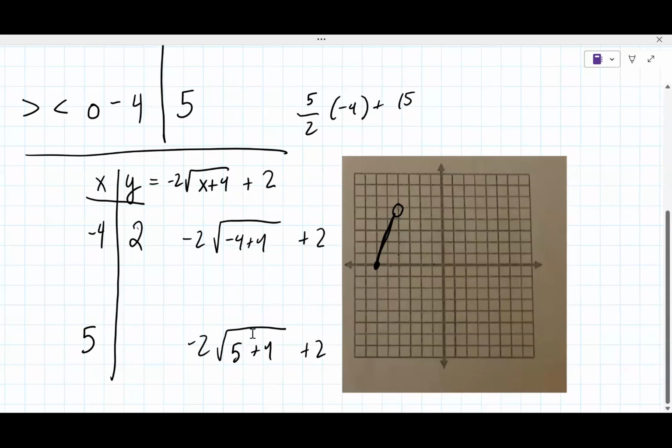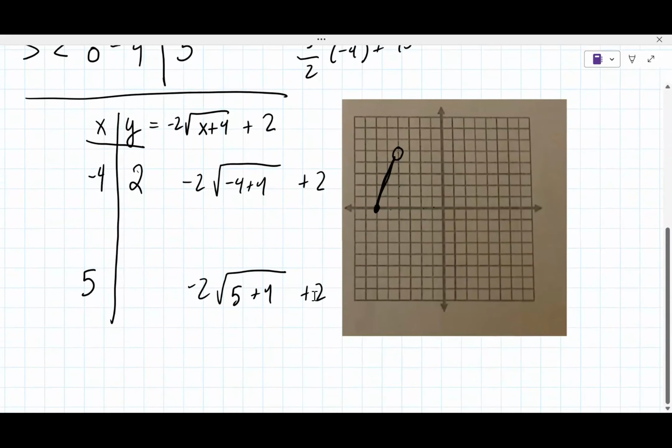What is the square root of 9? 3. Okay, what's -2 times 3? That's going to be -6. Plus 4. Then -6 plus 4, that's going to be -2. What is -6 plus 2?